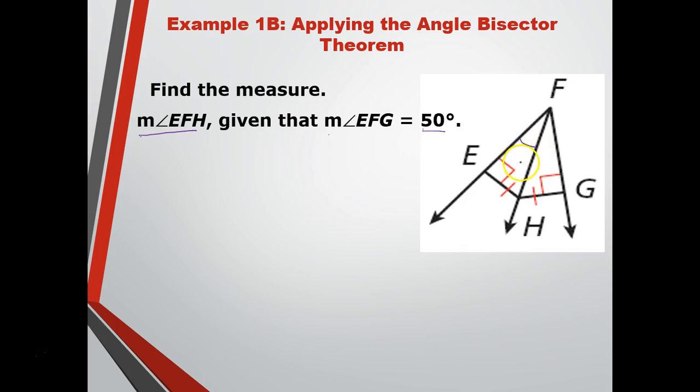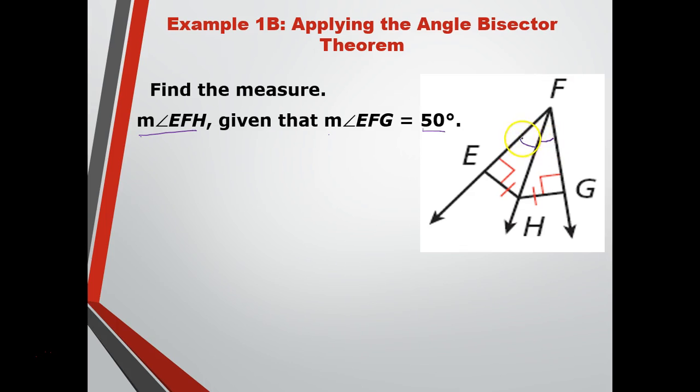And we know that FH is the angle bisector because all of the given information in the picture shows us that segments EH and GH are congruent to each other. So therefore, these angles right here are congruent to each other.